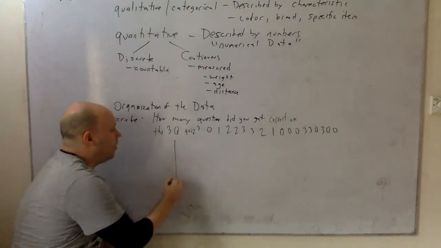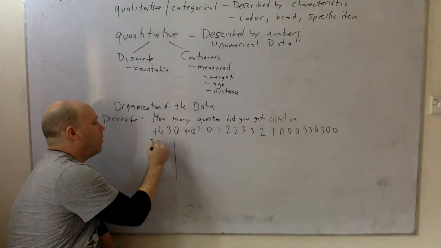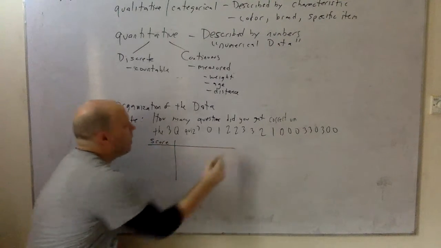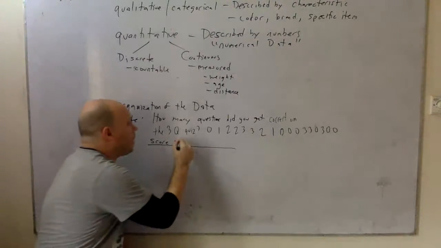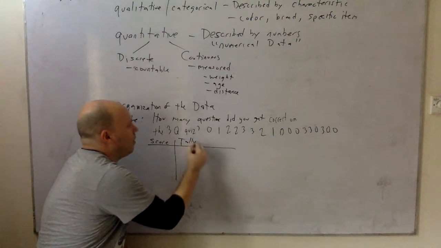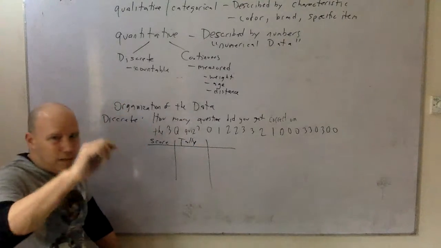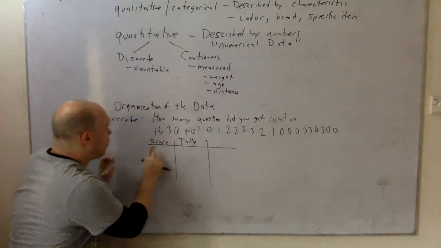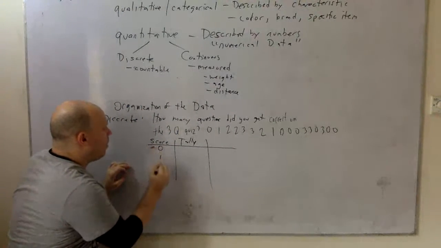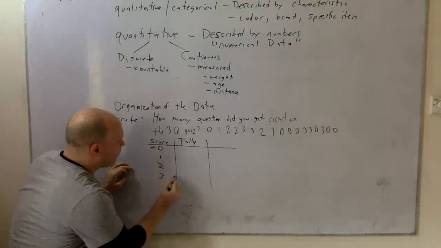The first column is going to be the score. The next column, you don't need to do this. You're going to be given this, but this is old school. We'll take a tally, like the tick marks. What are the scores? 0, 1, 2, and 3.